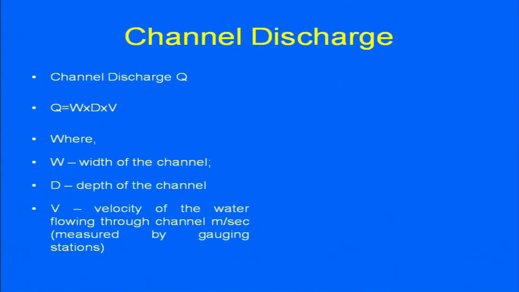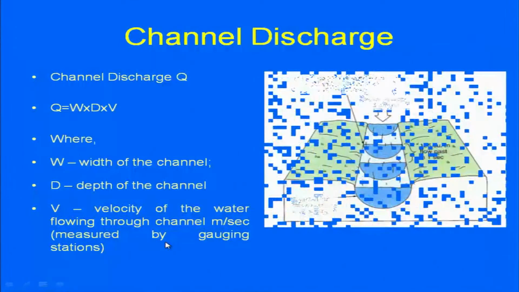So the channel cross sectional area reduces, and because of that the rivers get into frequent flooding states. Channel discharge is W times D times V, where W is the width, D is the depth, and V is the velocity of the water flowing through the channel, in meters per second. This is measured by gauging stations.